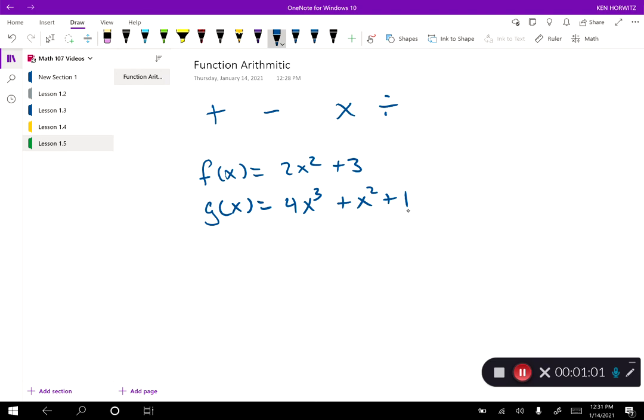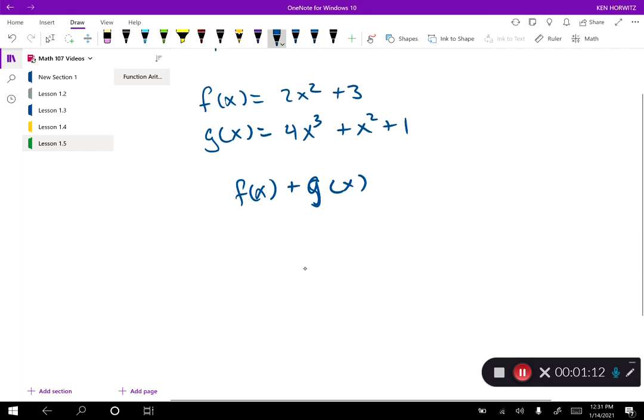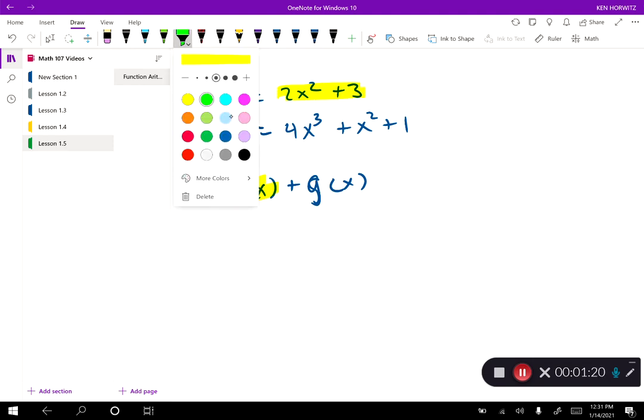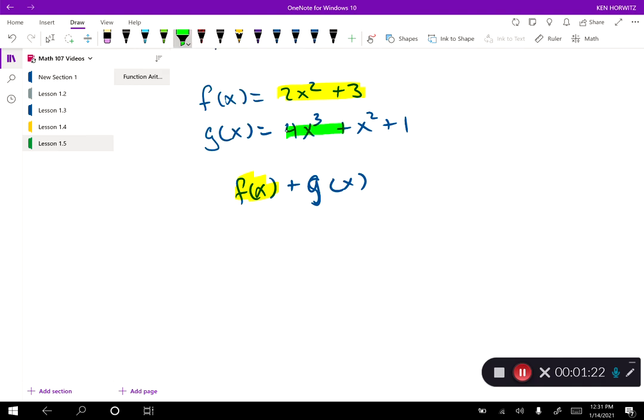Well, the way I'm going to start is I'm going to say I want to add f of x plus g of x. All right, and then I'm going to do a substitution. Basically, I'm going to take this, which is f of x, and put it there. And I'm going to take this, which is g of x, and put it right here.